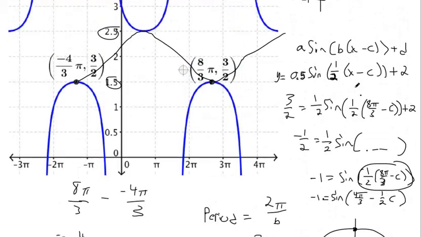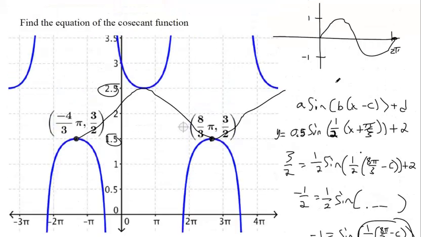So for our final answer, almost our final answer, I'm plugging in pi over 3 in for c, and it's a negative pi over 3. That's why I switched that to be a positive. And then the final answer is cosecant, not sine. So you'd say 1/2 cosecant, and then all this other stuff, because we found out the equation for this black curve. Cosecant is just replacing the word sine with CSC.